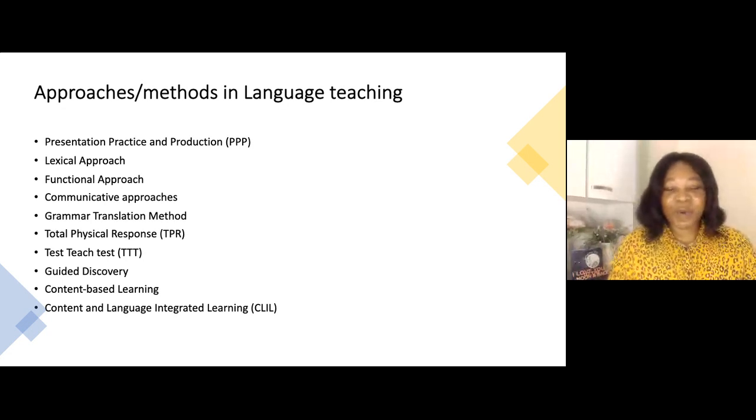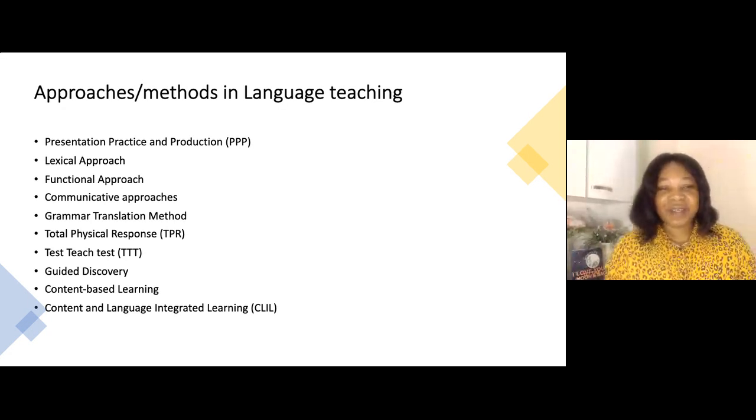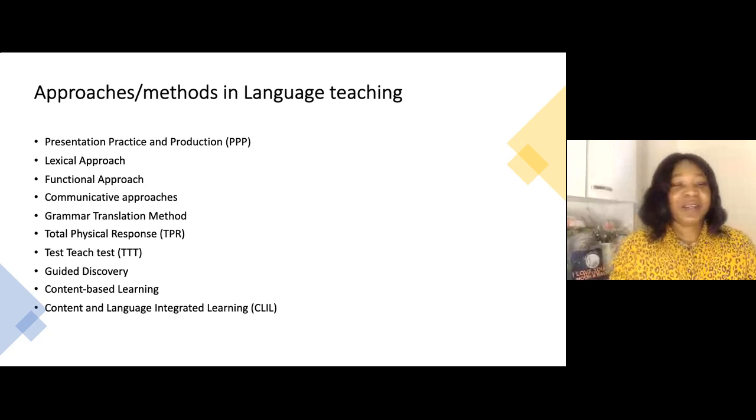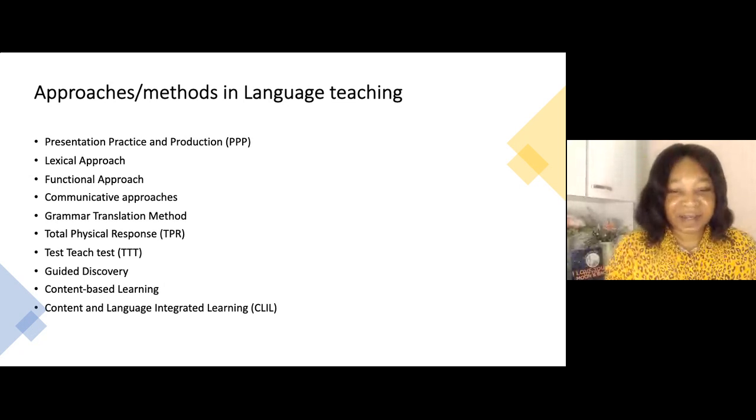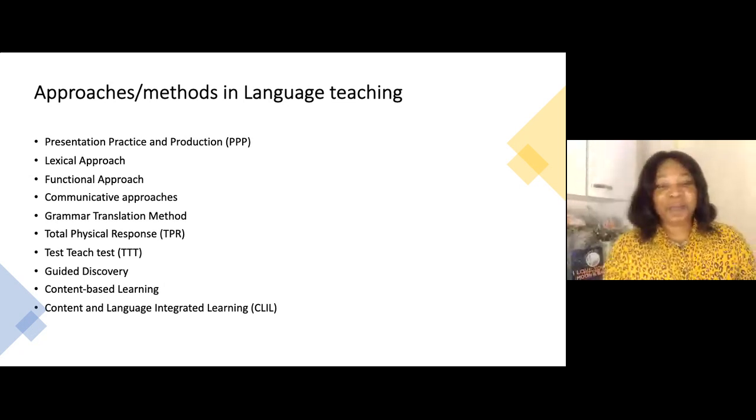The lexical approach, the functional approach, communicative approaches, grammar translation method, that's an old-fashioned one, total physical response, test, teach, test, guided discovery, content-based learning, and content and language integrated learning. So we're going to look at all of them now.